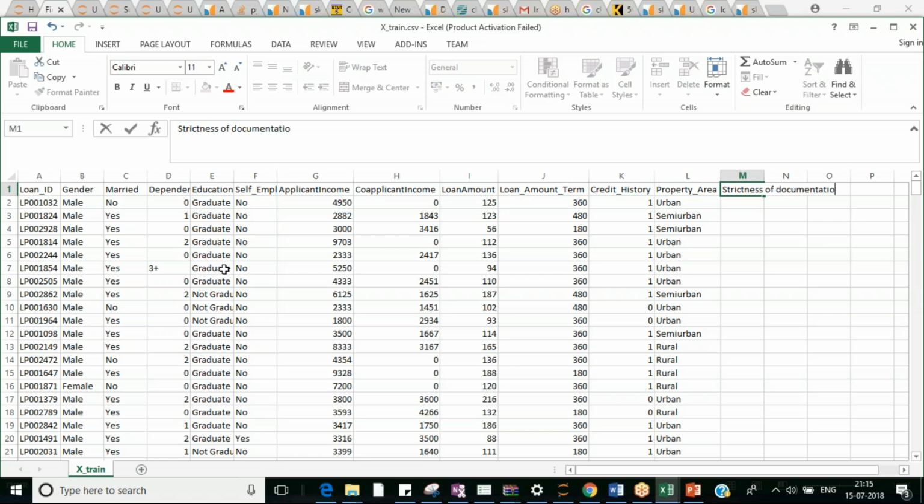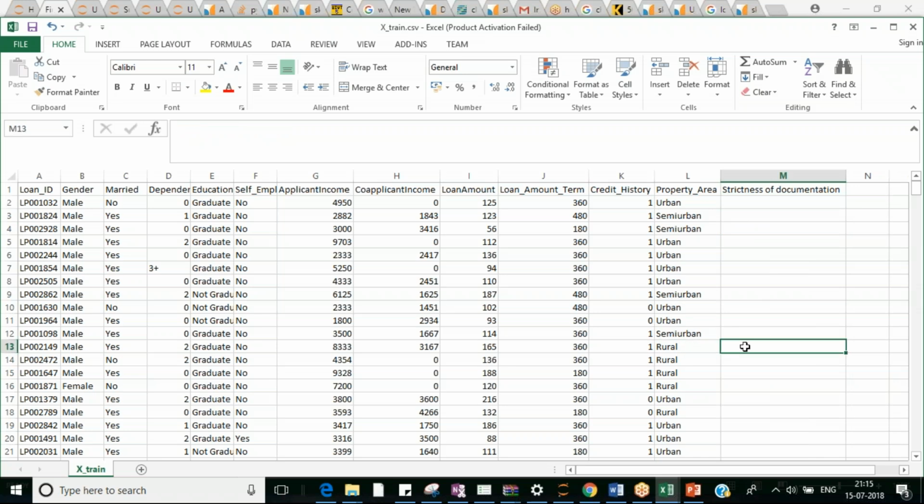You have not gathered the data, but you have something called strictness of documentation, and on a scale of 10 you would see that for rural areas the strictness of documentation is 10. So you will understand that when people are coming from a rural area, the bank is churning out documentation which is much stricter than for the people of urban areas. That's where your business insight comes in. It's a combination of these two features that results in your default, not just the sole feature of property area, right? That's why your data collection becomes very important.